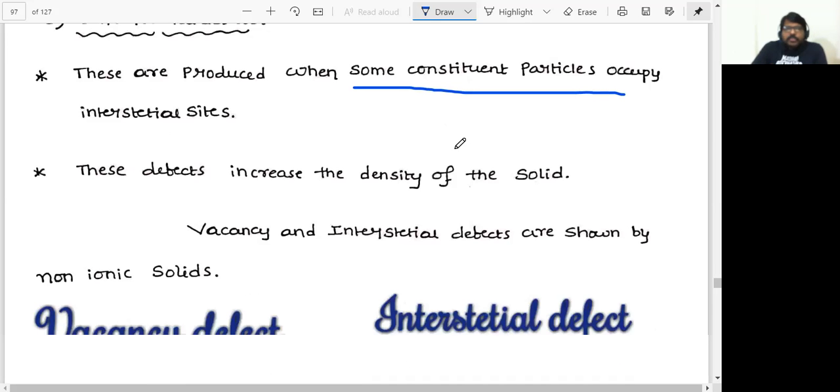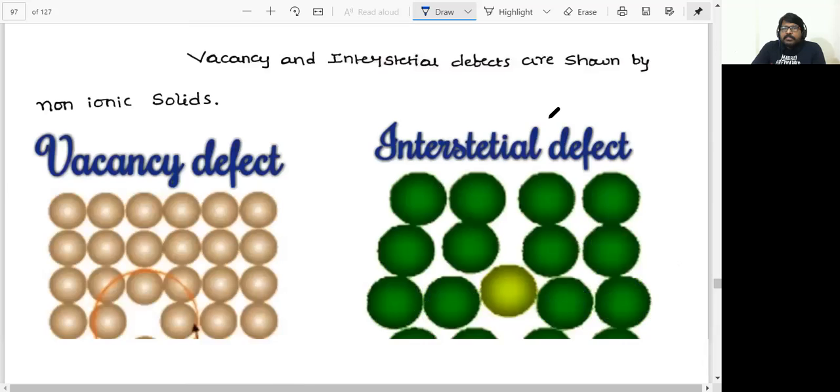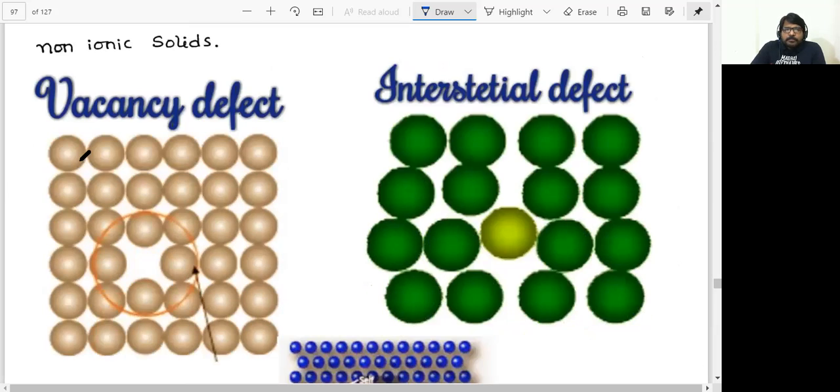And how to understand vacancy defects and interstitial defects with the help of this picture: you can see these are the constituent particles, and here one particle is missing. One hole is produced here, and these kinds of defects are said to be vacancy defects.